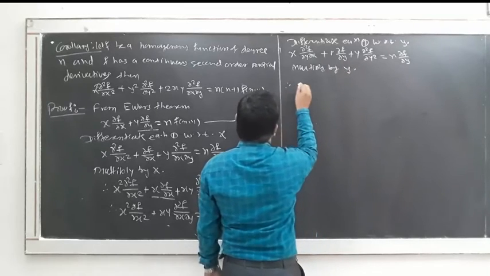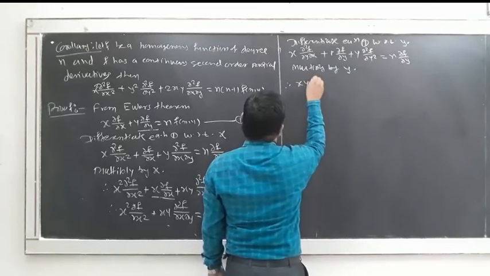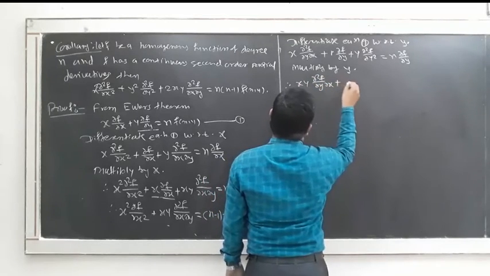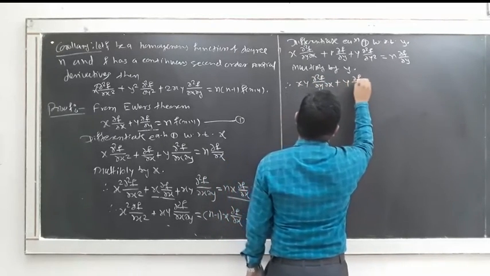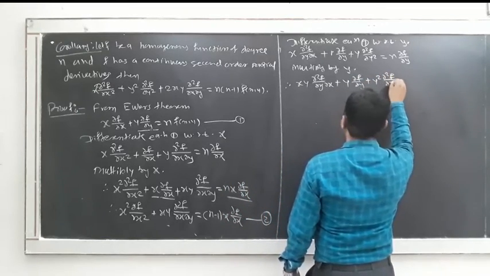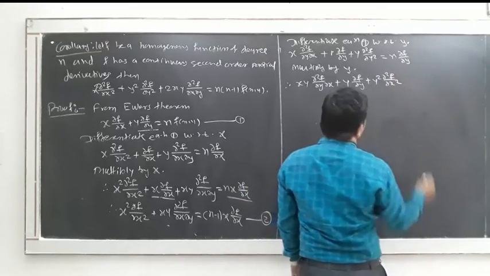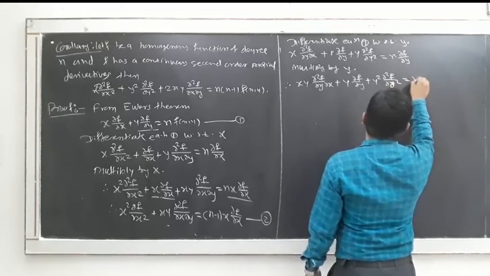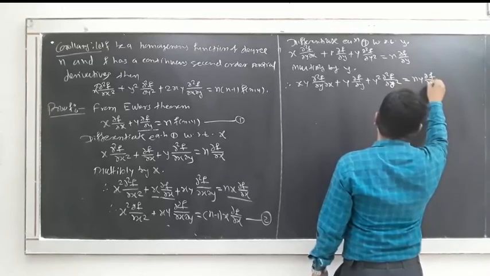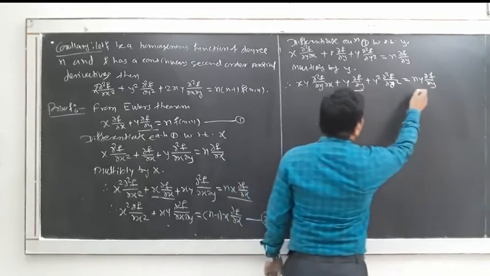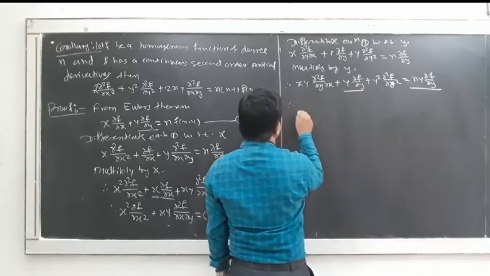So what we are getting here: xy ∂²f/∂y∂x + y ∂f/∂y + y² ∂²f/∂y² is equal to ny ∂f/∂y.